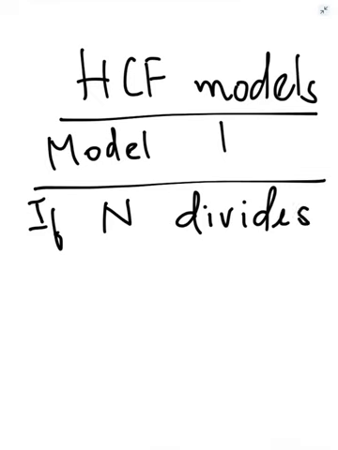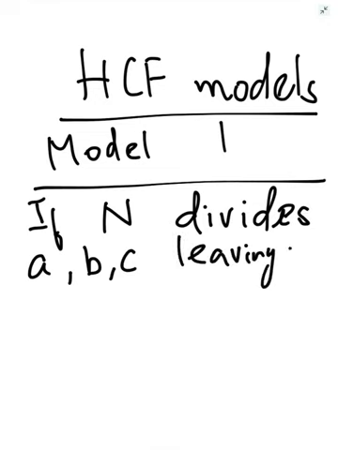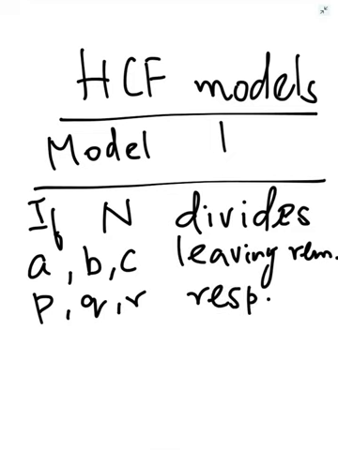If n divides different numbers, say A, B, C, leaving remainders P, Q, R respectively. So here n is dividing, that means n is some factor, dividing different numbers A, B, C, leaving remainders P, Q, R respectively.